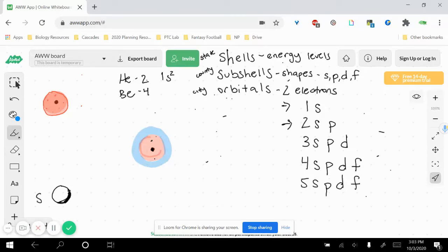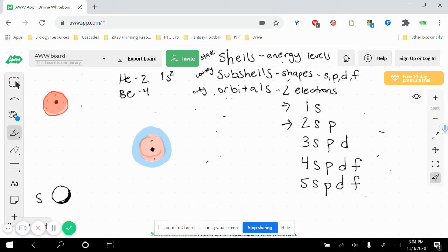So these higher and higher energy levels, the bigger an energy level is, or the larger the number is, that shell is getting bigger because the electrons are moving farther from the nucleus itself. So we're occupying more and more space. We're getting farther and farther away from the nucleus.